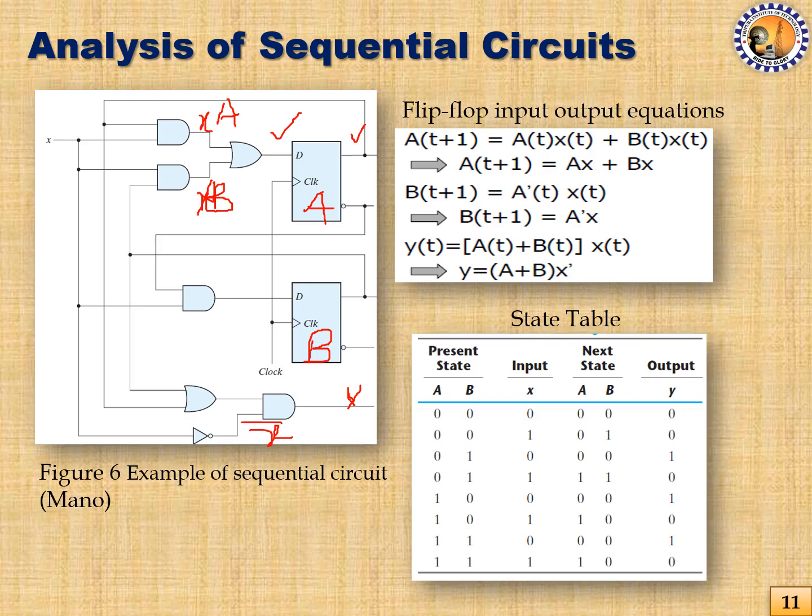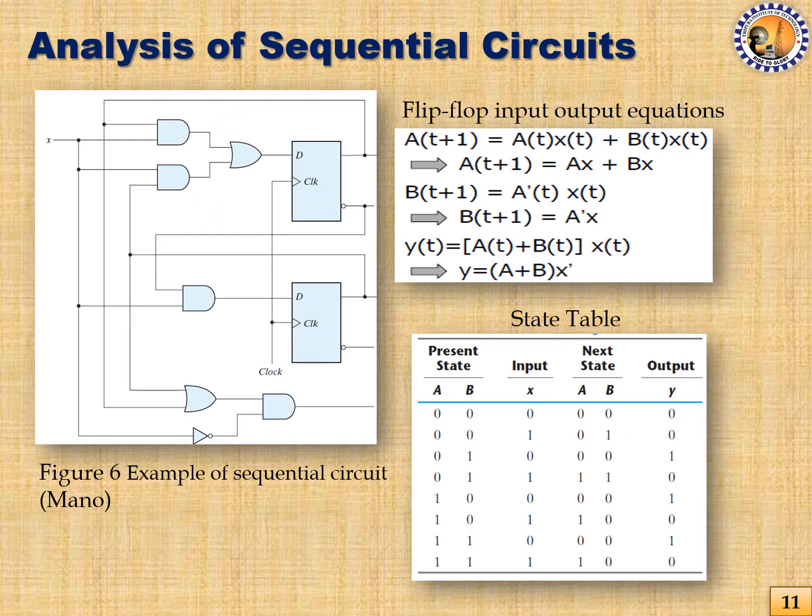To the input of the OR gate, as you can see, we have A and we have B. So A or B, and then it will be ANDed with X bar. So this is how we worked out the flip-flop input equations and flip-flop output equations.